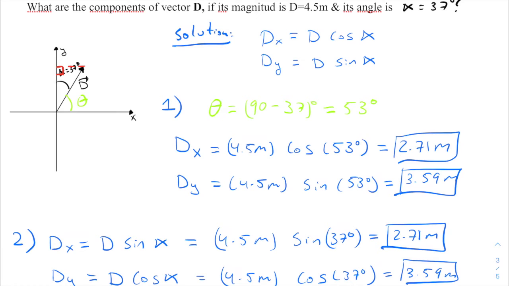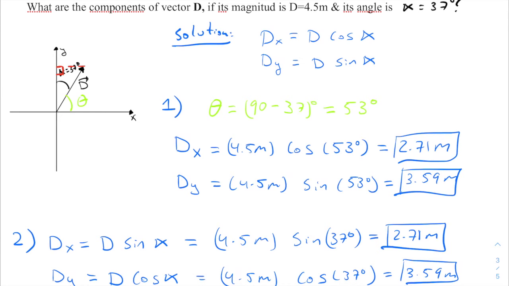As we can see, the opposite side is the x component and the adjacent side of the triangle is the y component. Therefore, the x component of the vector is equal to D, the magnitude, times sine alpha. And then the y component, which is the adjacent, is equal to the magnitude of the vector times cosine of alpha.